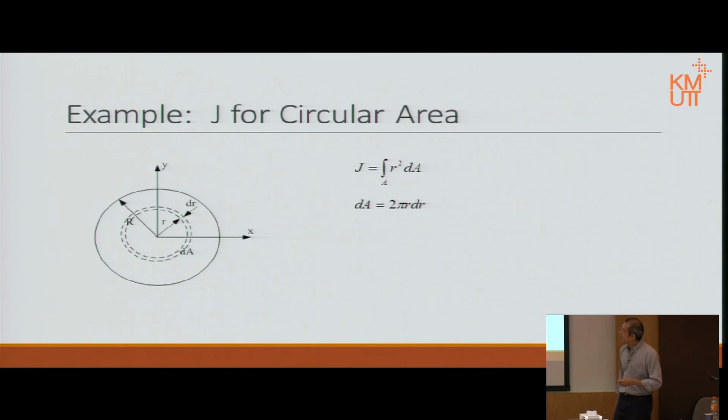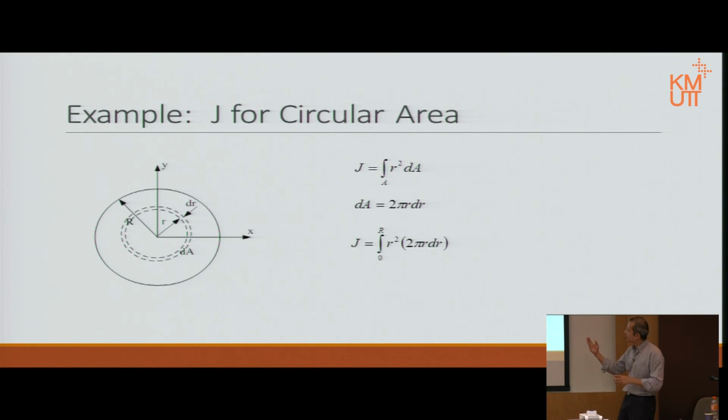Now that area dA is equal to the length of the circumference times the thickness. The length of the circumference, of course, is 2 pi r, because r is the small radius r, and of course the thickness is dr. The total length of the circumference times the thickness is the total area. Substitute into the equation of the integration. There we are.